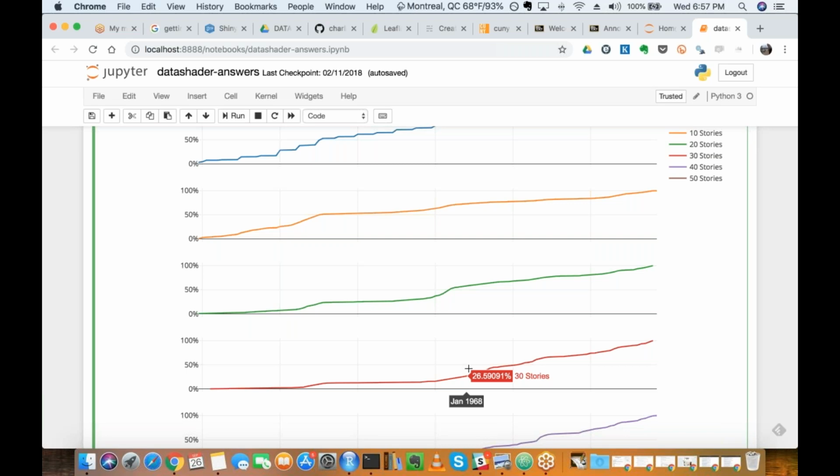So you could see inflection points: perhaps some buildings that are 30 stories are built using outdated techniques, and then you begin really getting the hang of it and building more buildings like that.